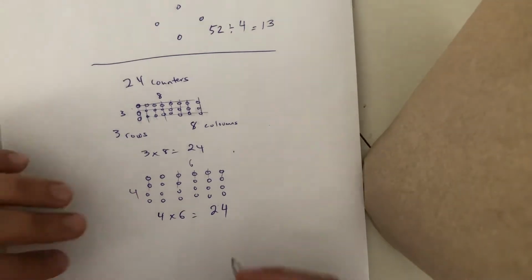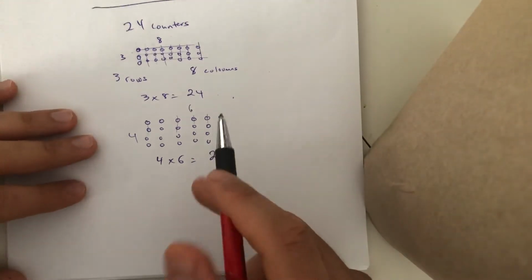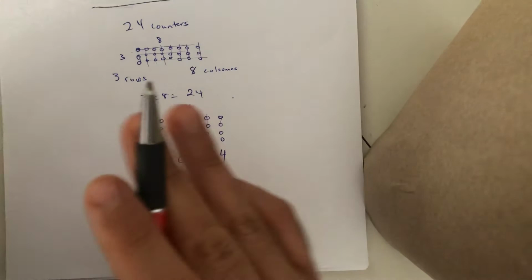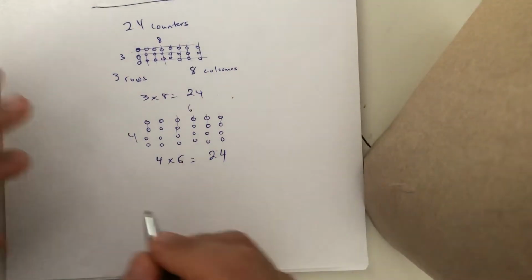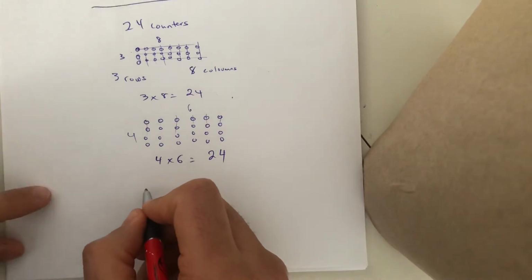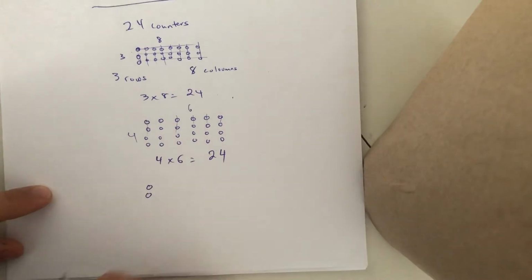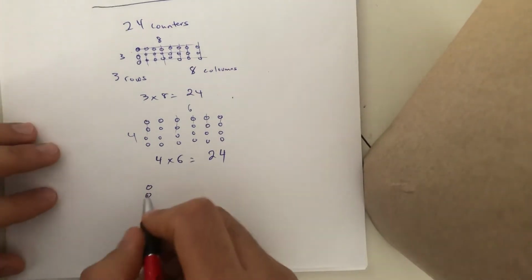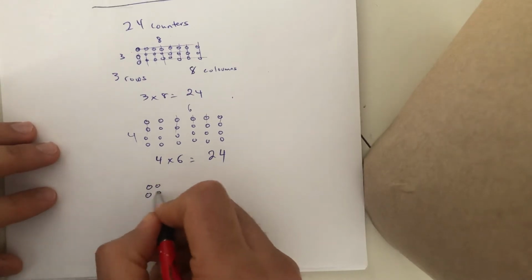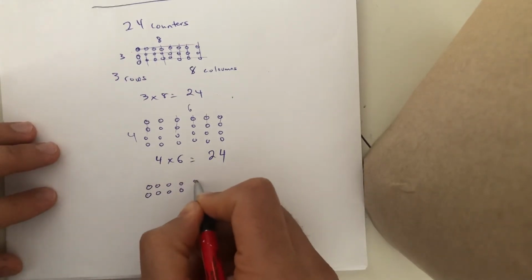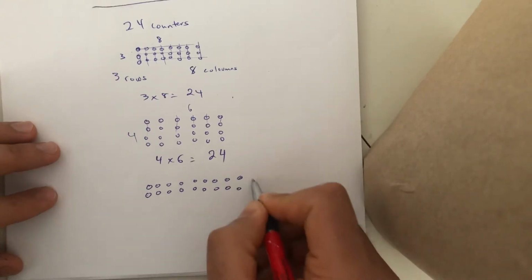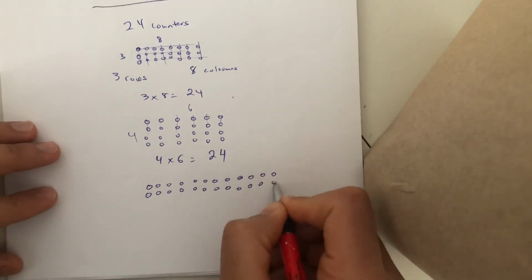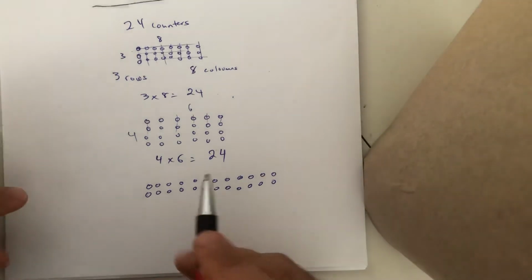There could be another way of using a different type of array to come up with the same exact answer. In this one, I'm going to be using 2 rows, 1, 2, and using all 24 counters. 1, 2, 3, up to 24.